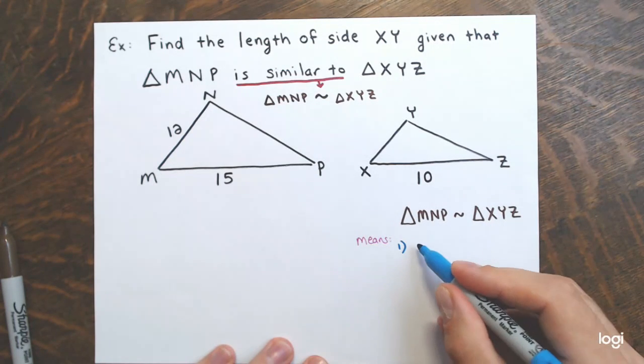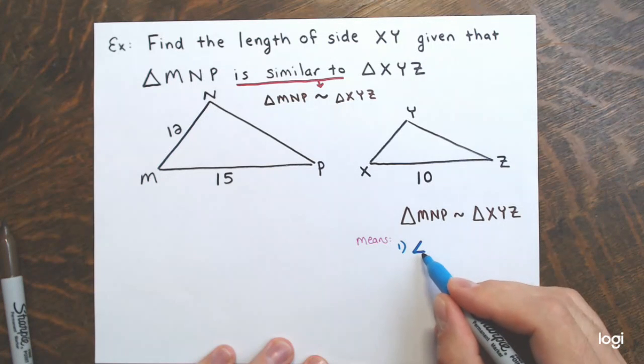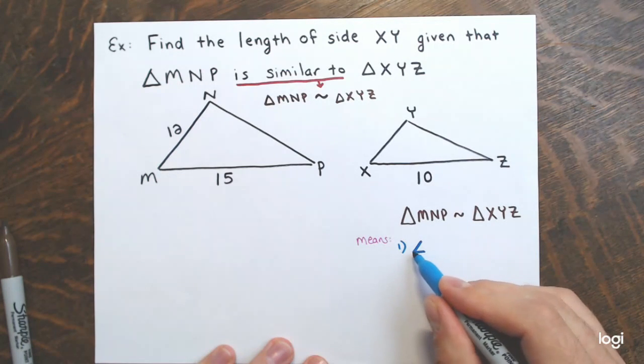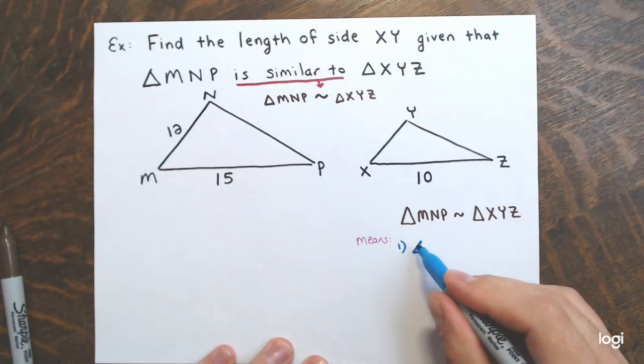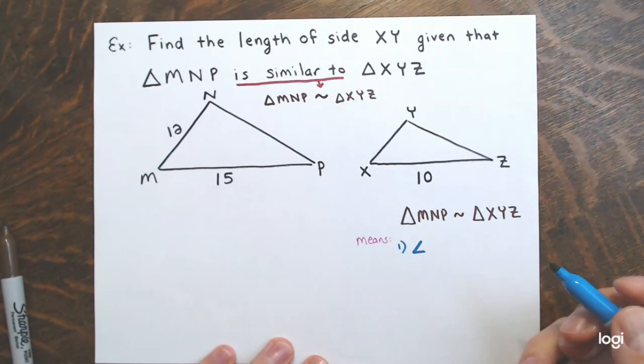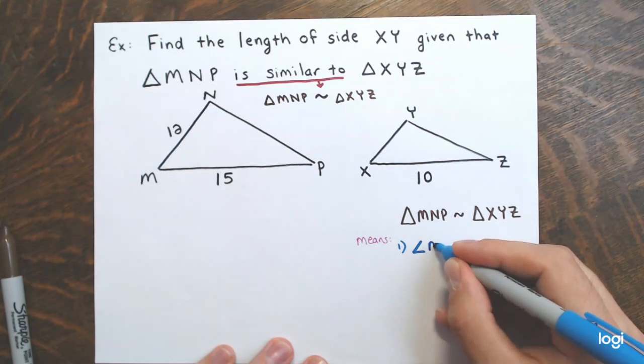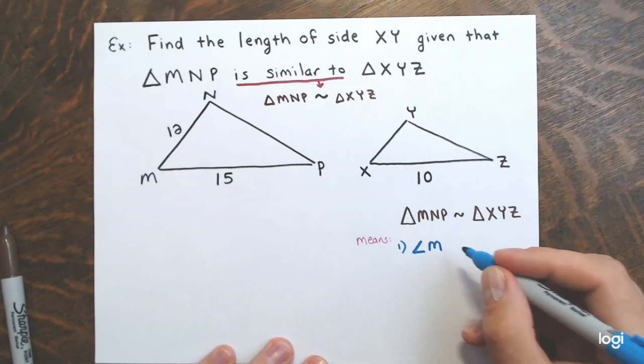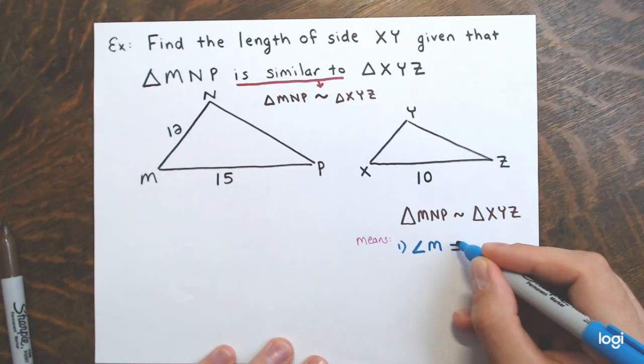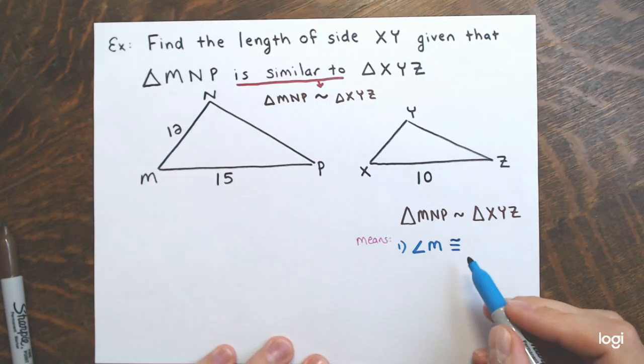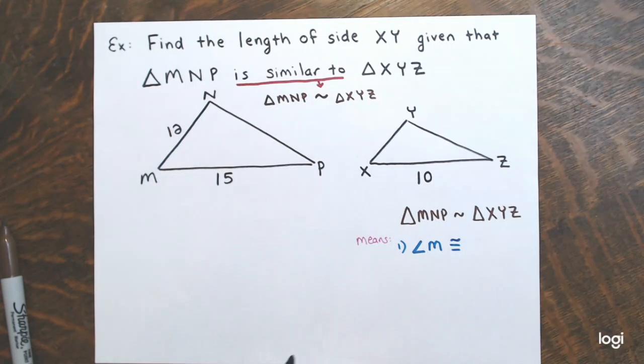Then angle M, and this is the symbol for angle, just a couple segments connected at a common vertex, would be congruent to, and there's this little equal sign with the tilde above.